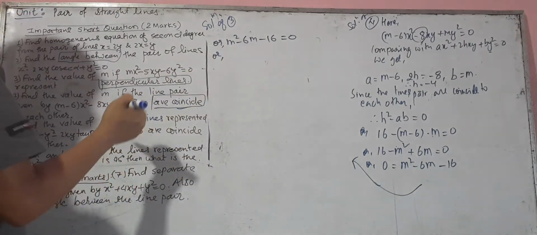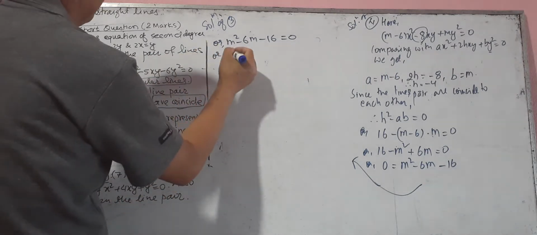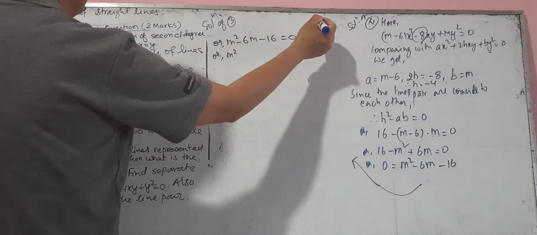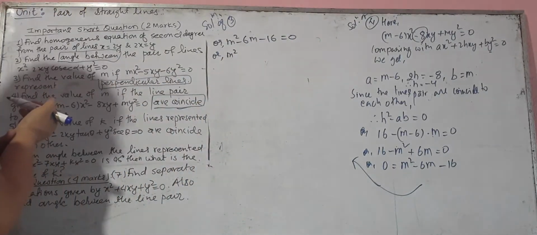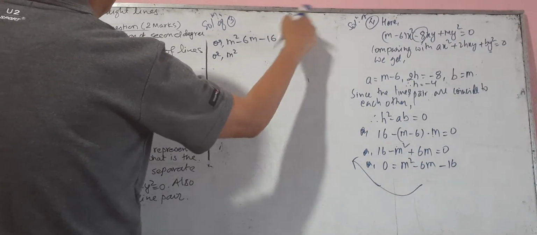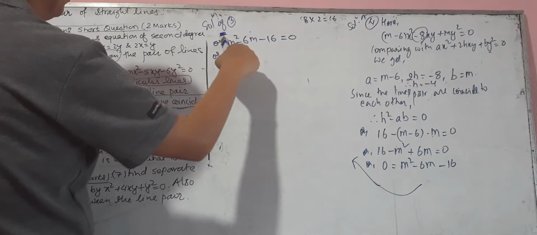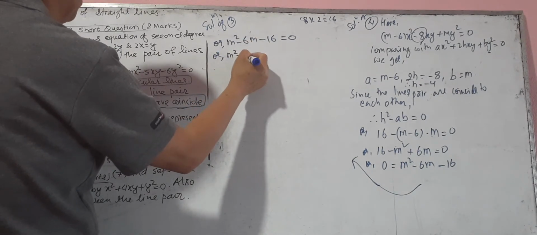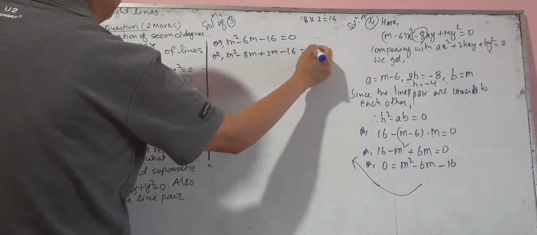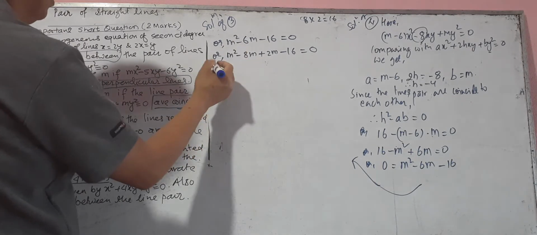Now factorizing this equation, we get m square, minus 16. 16 is 8 times 2. So this minus 6m can be rewritten as minus 8m plus 2m, minus 16 equal to 0. 8 times 2 is 16, and minus 8 plus 2 equals minus 6.